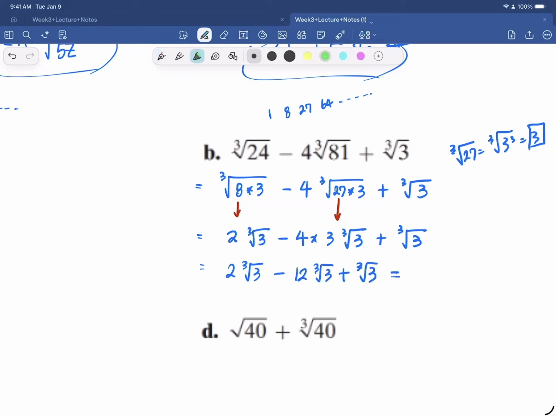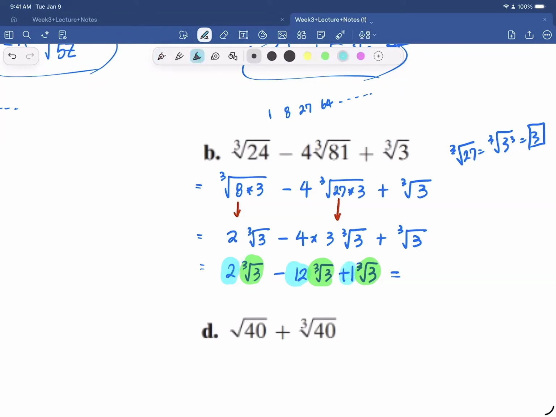As you can see, we have the same index and radicand, all right? So we have 2, and then negative 12, and then plus what? We have 1 here, right?